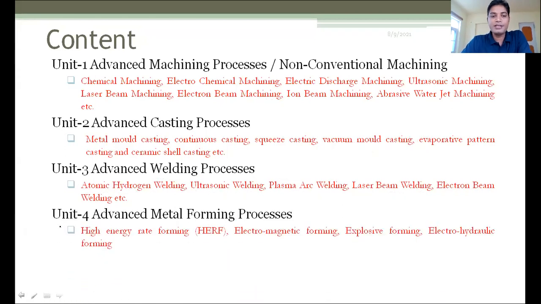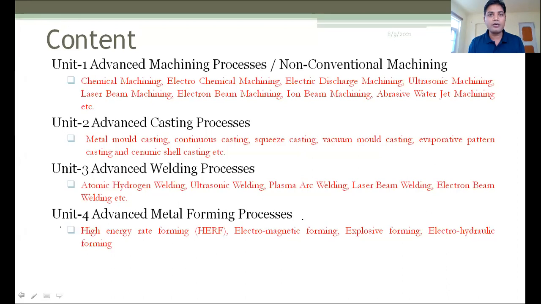Next are the advanced metal forming operations. Metal forming is basically sheet metal operations. These can be classified into two categories.